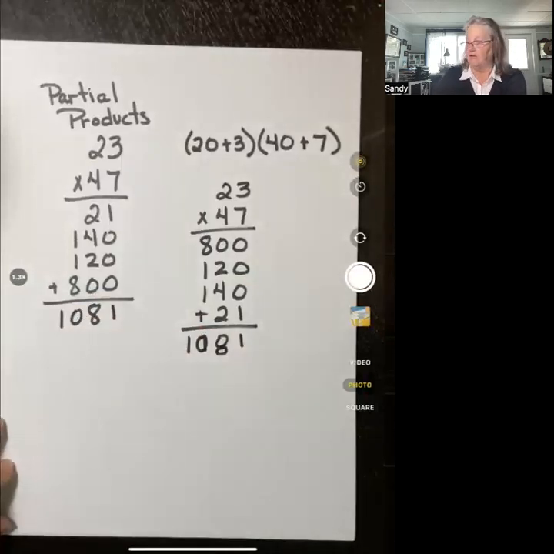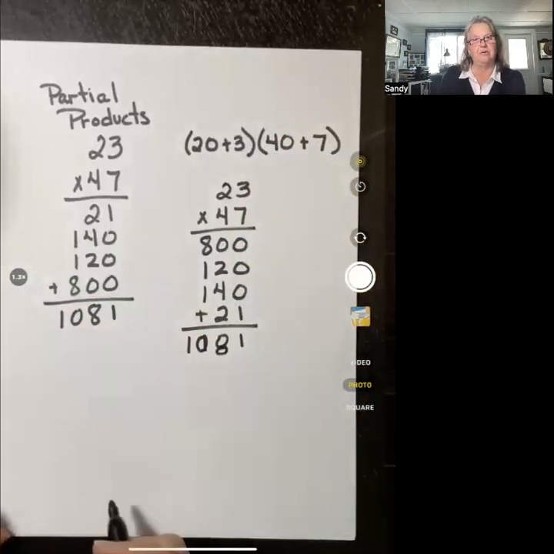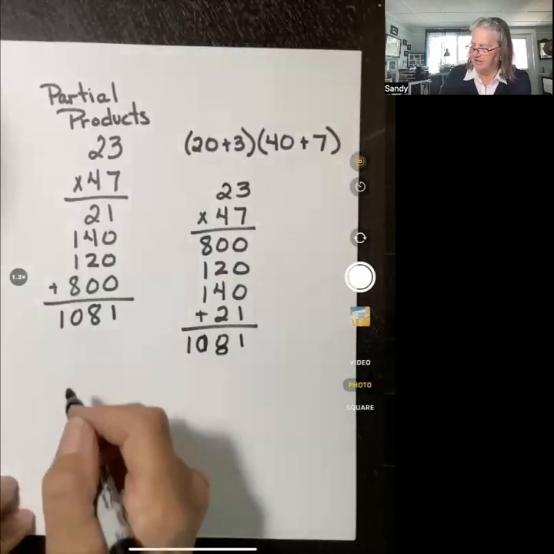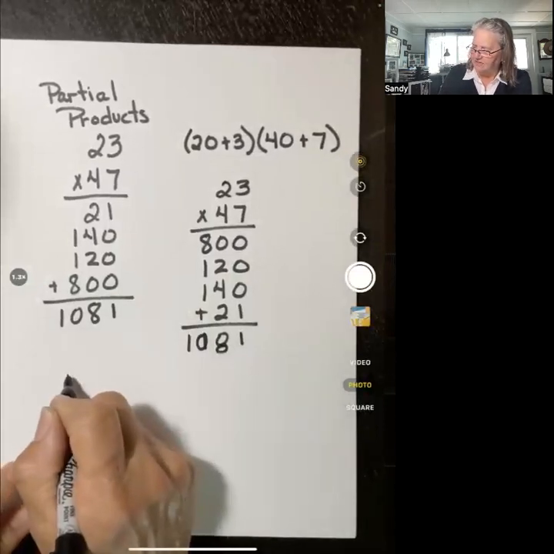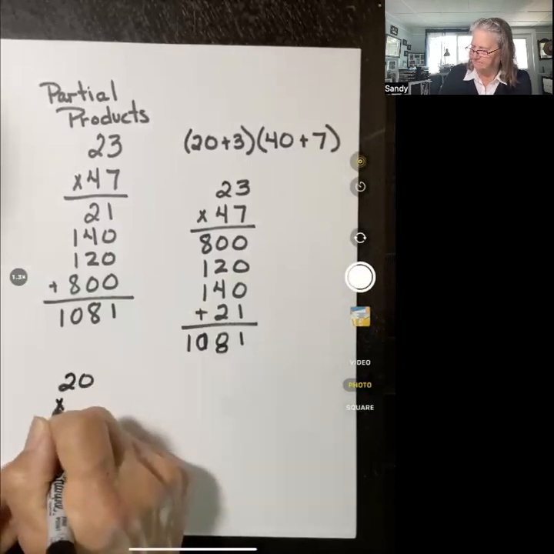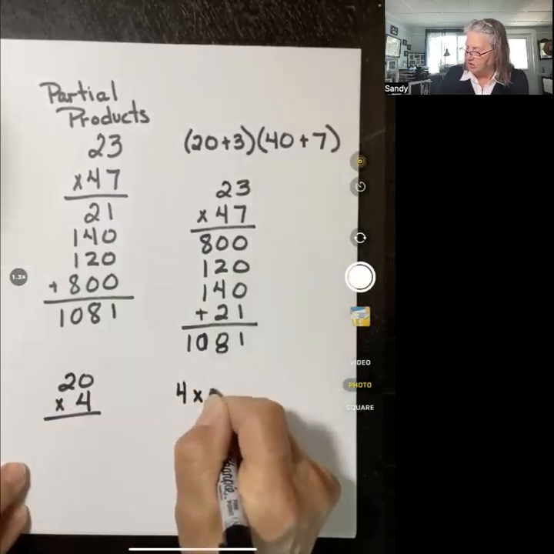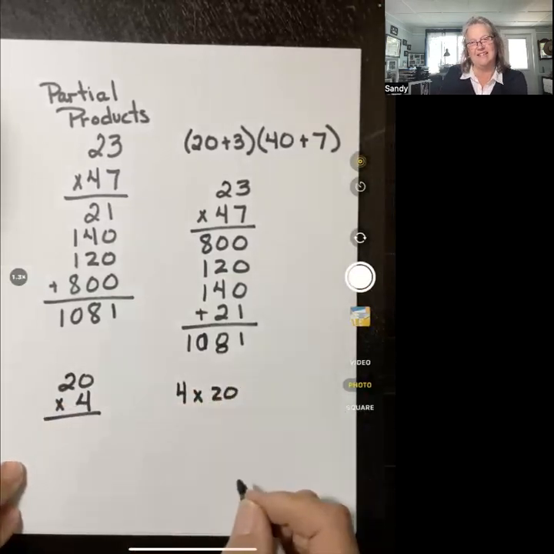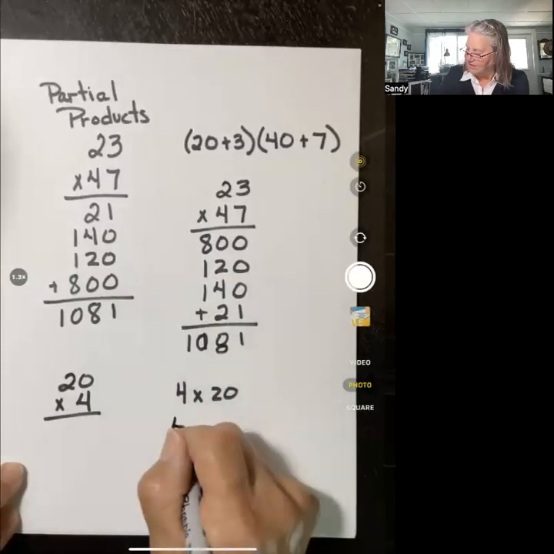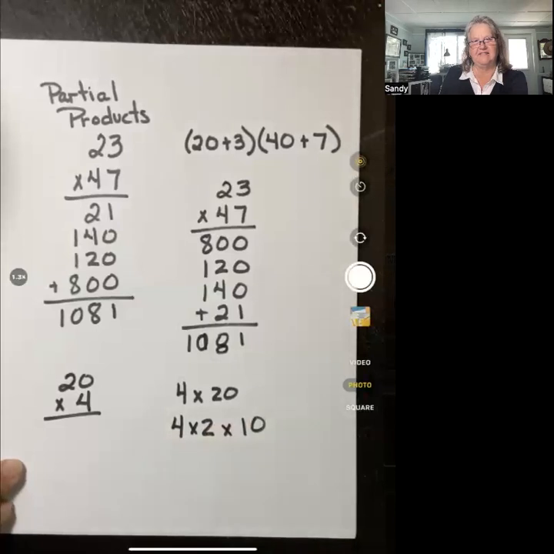Okay. Now, partial products, distributive property, that's important. But the other thing that's important for your child to have worked with is notice things like if I do 4 20s, I know 4 times 20 in my head if I know 4 times 2, and then just know that's a multiple of 10.